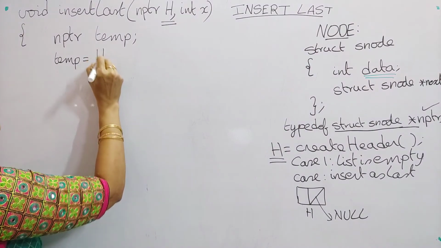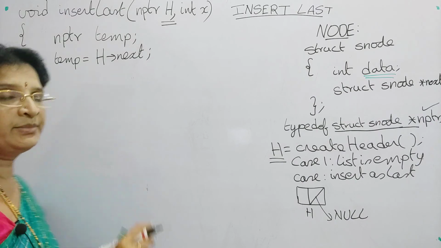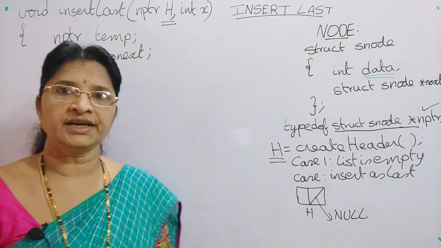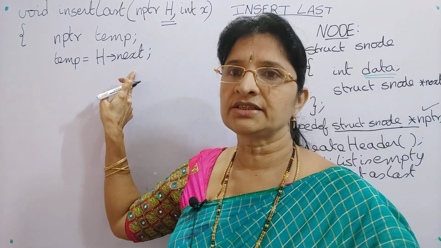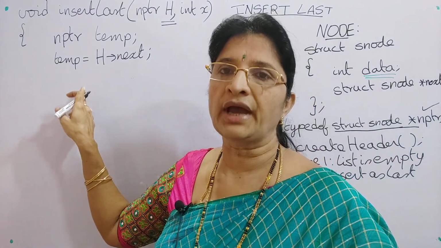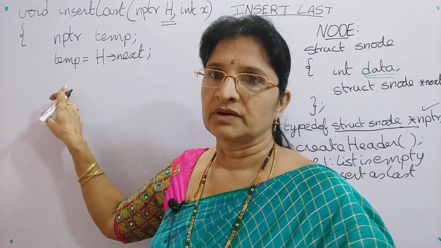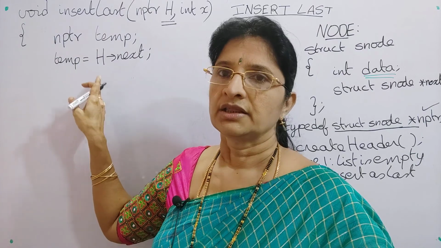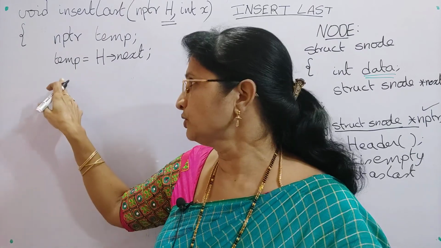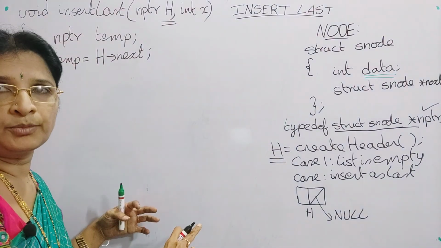So I am giving temp equal to h next. That means you are giving the first node address to temp. h next has the first node address, and it is assigned to temp. Now we will use this temp for our processing.